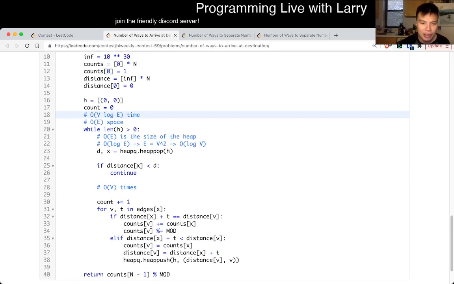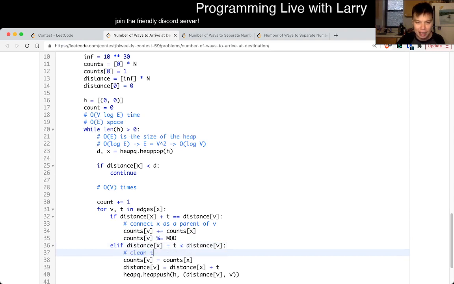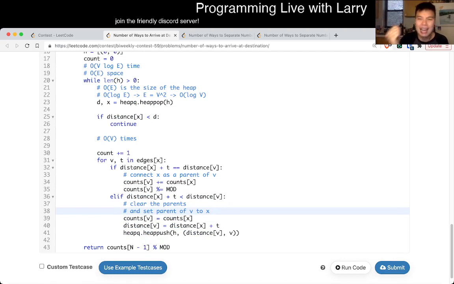So the idea here, and I did it kind of in one step, maybe the better way is thinking about it in terms of dynamic programming. And now we connect X as a parent of V. In this case, we clear the parents and set parent of V to X. And then here you just do the number of paths in a DAG, and that's actually an easier problem.